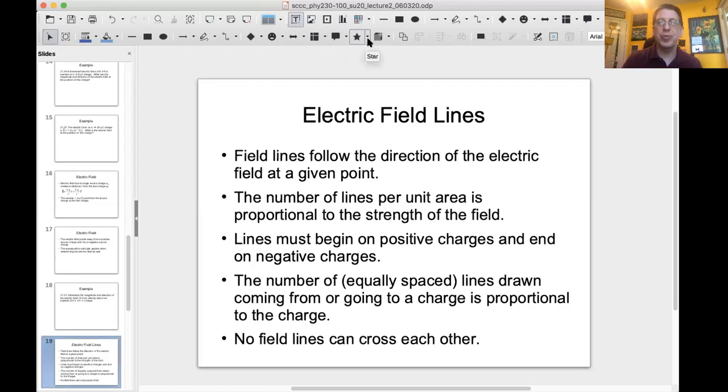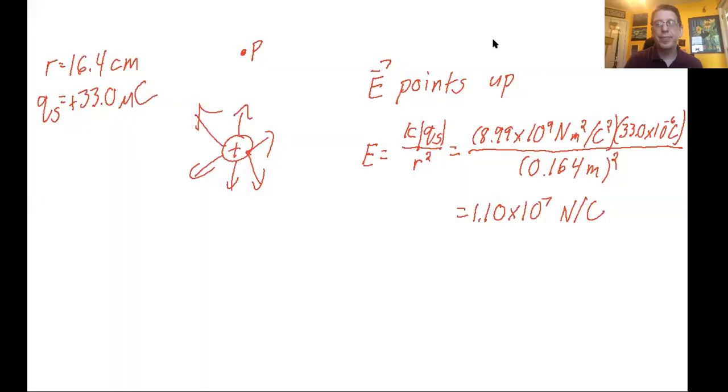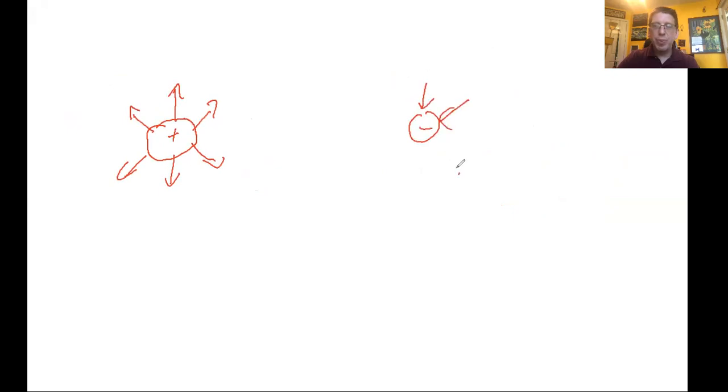So how does that look visually? You have a positive charge by itself. Drawing the field lines is easy. The field lines will come out of the positive charge. Similarly, if you have a negative charge, the field lines will point into it.